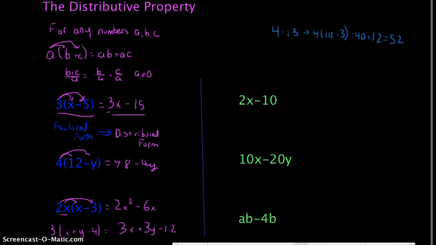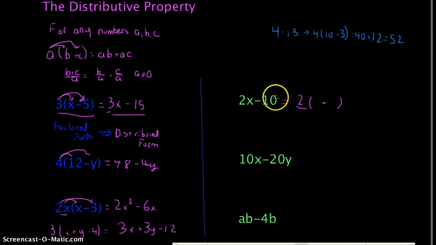Okay. So, now I can go from factored form to distributed form, or at some point I might have to go the other way. So, if I look at 2x and 10, right, I basically want to write this as some term on the outside, and then I want to see what's left on the inside. Okay, so I know I'm going to have a minus in here, so I'll just bring that on down. So if I look at 2x and 10, I know that I can divide them both by 2, right?